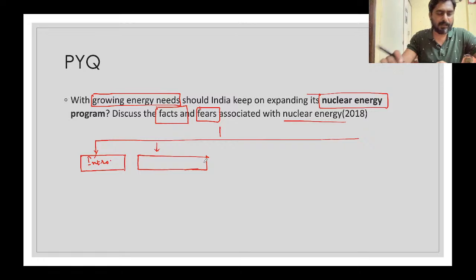After the introduction, what we have to do is justify this part: with growing energy needs, should India keep on expanding its nuclear energy program? Discuss the facts and fears. Here we have to justify this part, with growing energy needs.